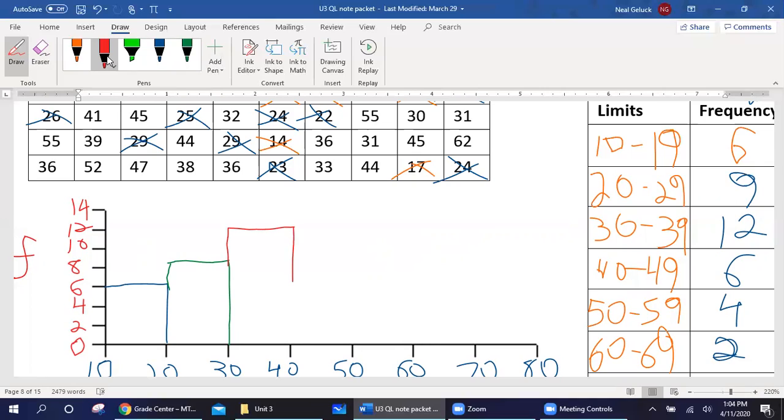Again, I'm just kind of eyeballing this. Doesn't have to be perfect right now. Then back down to 6. Then down to 4. 2.